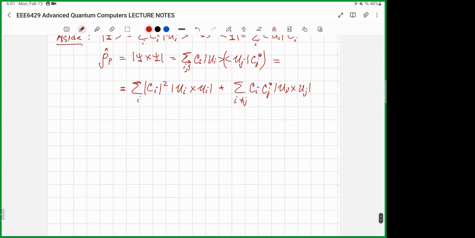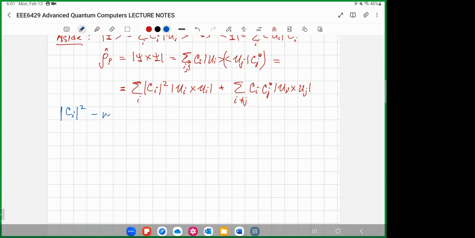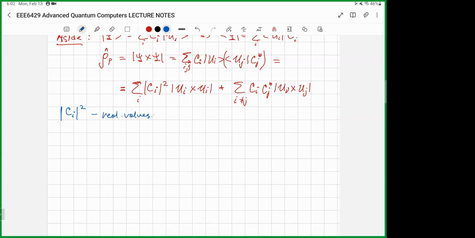So we remember that these quantities, this modulus Ci modulus square, it is nothing but probabilities, and they are real values, and they are the probabilities of finding the system in a particular state. In this case, it is state I. So these are real values that describe a probability of finding the system in a particular state.